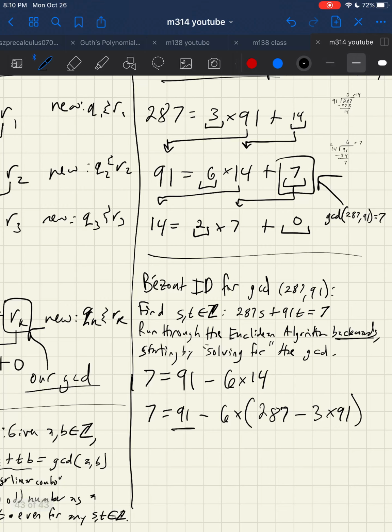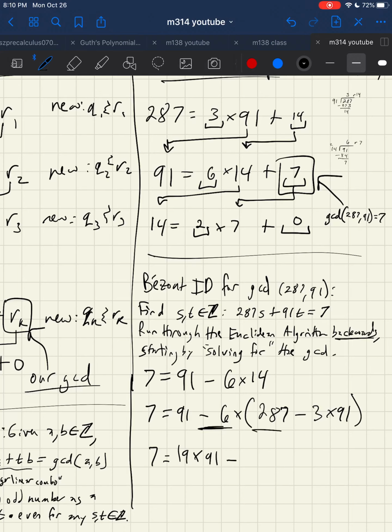So now I'm going to write this as something times 91 plus something times 287. So 7 equals, how many 91s do I have? I've got a 91 here, and then I've got negative 6 times negative 3, which is 18. So here I've got 18 91s, and here I've got another one. So this is 19 times 91.